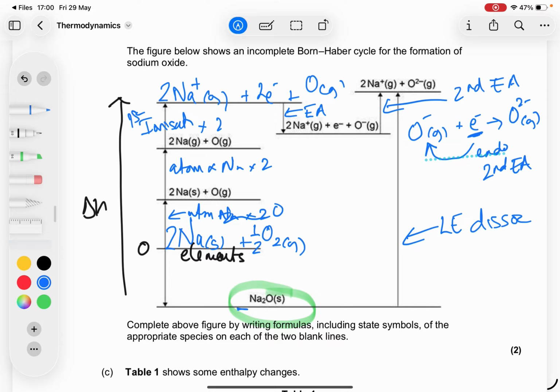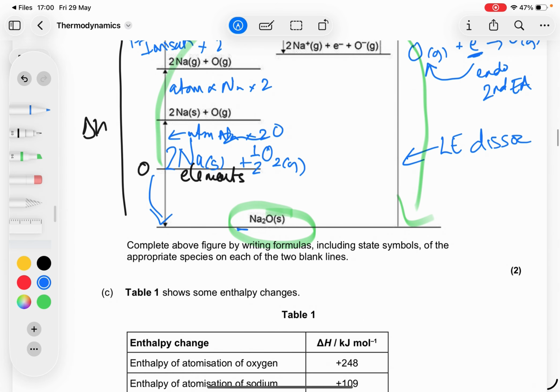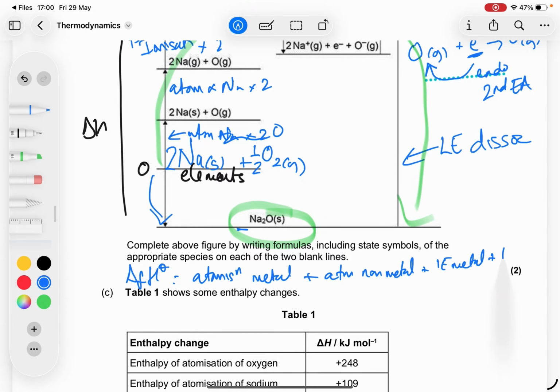And the way I always do this calculation, enthalpy of formation is route 1, and then that is route 2. In other words, the standard way of doing this calculation is this. Enthalpy of formation equals atomization of metal plus atomization of non-metal plus ionization of metal plus electron affinity of non-metal plus lattice enthalpy. That's what I always do.